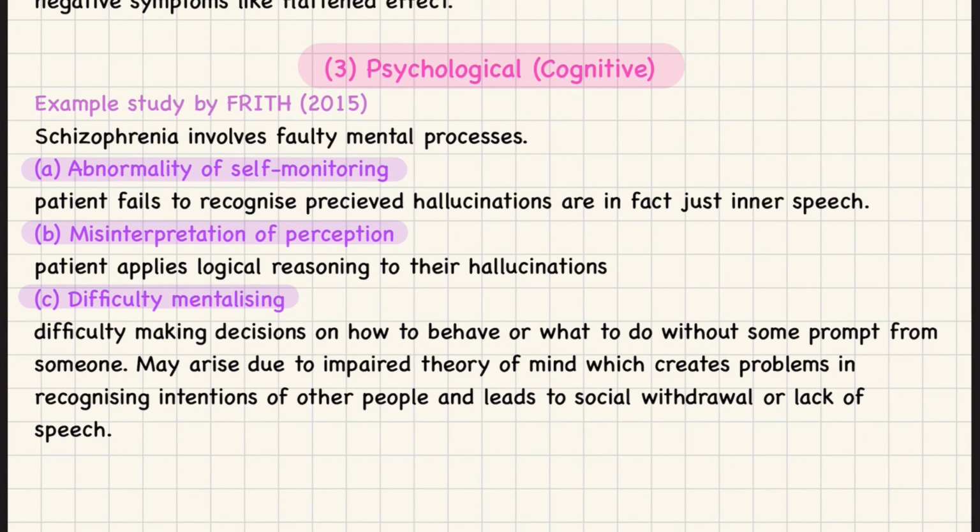Now, why does this occur in schizophrenic people? This may occur due to impaired theory of mind. Theory of mind refers to a person lacking the ability to recognize the intentions of other people.